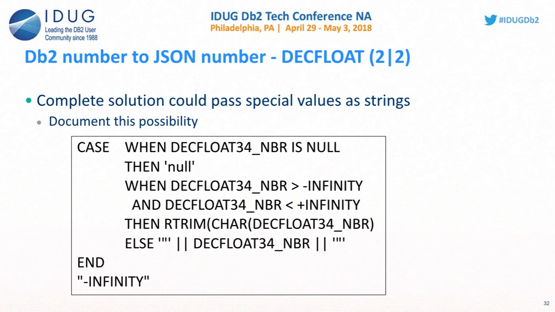Otherwise, I'm going to put a double quote, concatenate it to deck float number, and another double quote, because the result comes back as character and now I've got to treat it like a string. So I'm going to come out with negative infinity. Warn the JavaScript person that this is a possibility, because if they're expecting a number and you give them a character string, it may cause their process to break.